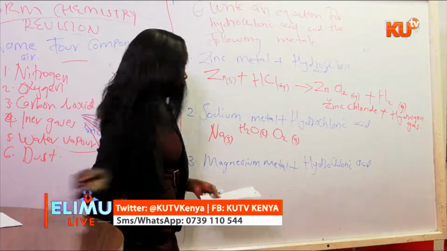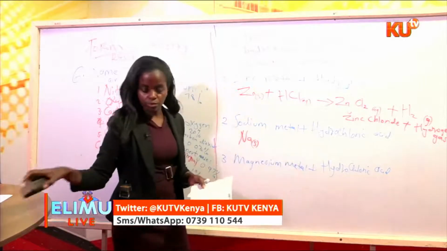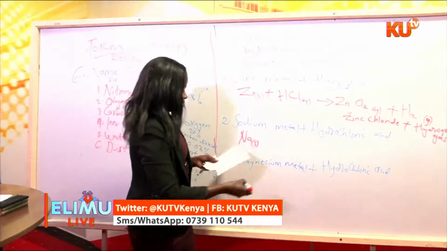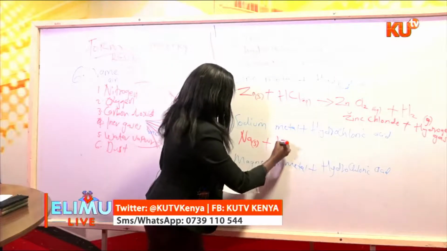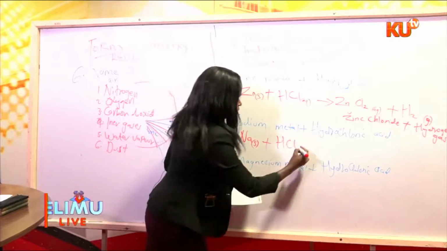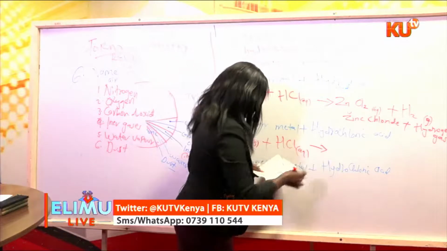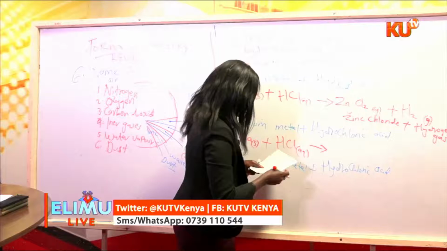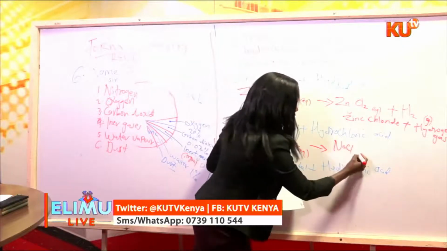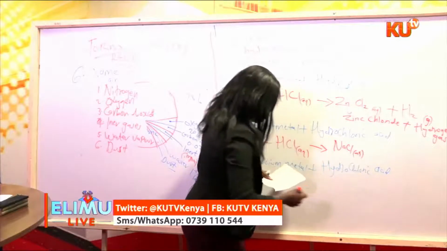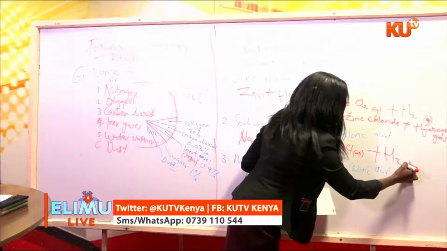In chemistry you will have to specify the state of that solution. Now plus HCl, which is an aqueous solution, will form sodium chloride, an aqueous solution, plus hydrogen, which is a gas.